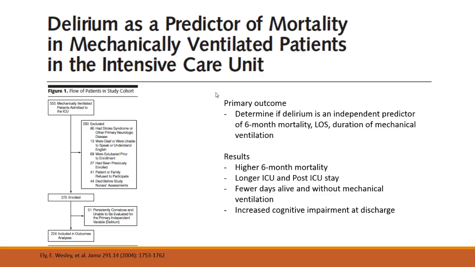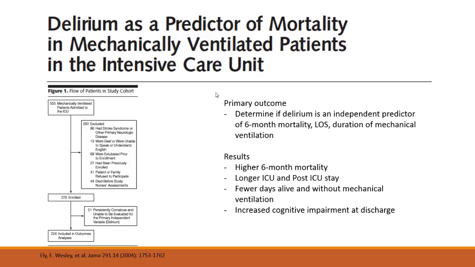This next study, again, is part of how we derived some of these outcomes that delirium has an impact on. This was a 2004 JAMA study, and it sought to determine if delirium is an independent predictor of clinical outcomes. It was a prospective cohort of consecutively enrolled mechanically ventilated patients who were evaluated by the CAM-ICU.